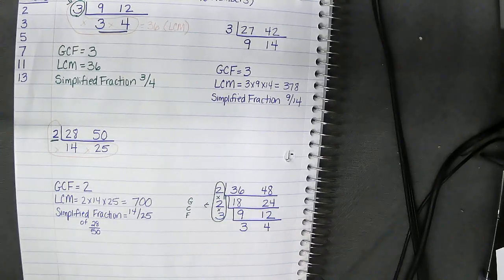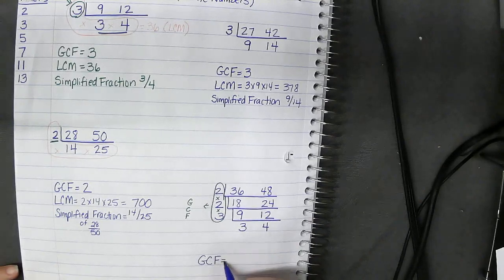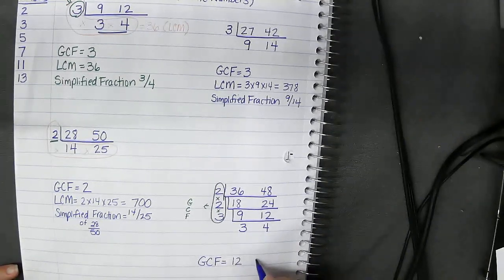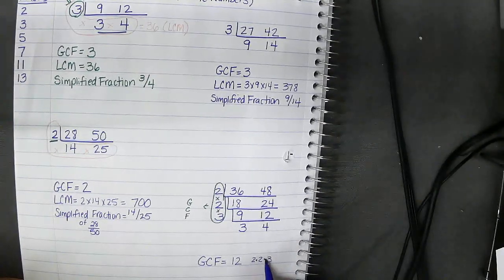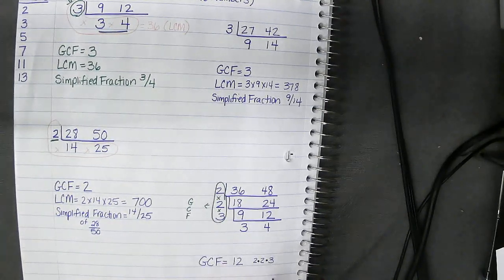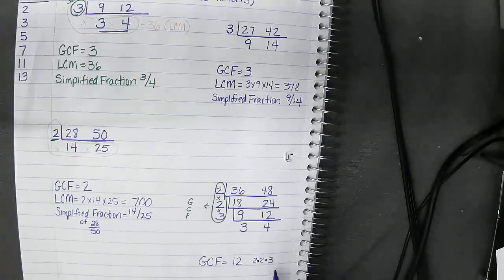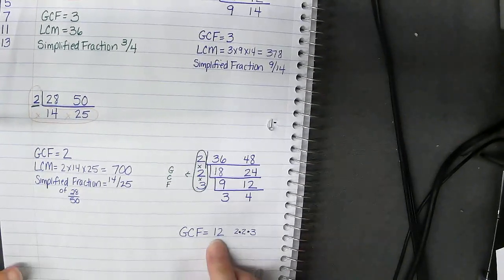So my GCF is 12. 2 times 2 times 3. All right, this dot, when you get to middle school, this is what you want to use for multiplication so that you don't confuse the x with a variable when you do algebra. So the GCF is 12.